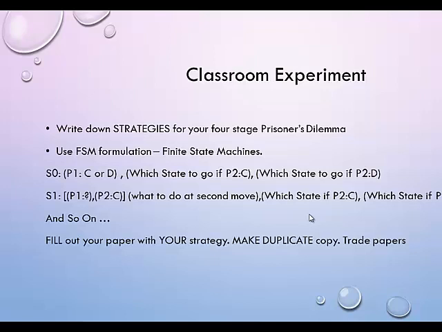Now, at the third move, there are 4 options, and they are depicted in the numbers. After the 2, we have 4, 5, which means that in row number 4, you should write down what happens if the other player cooperated in both rounds, right? Because you are here in 2, the first player cooperated in the first round, and at 4 he is cooperating in the second round also.